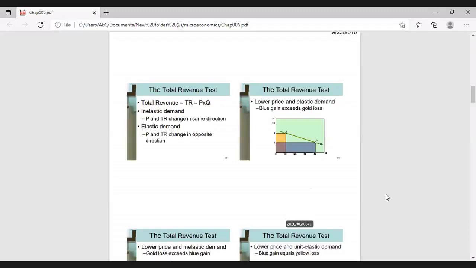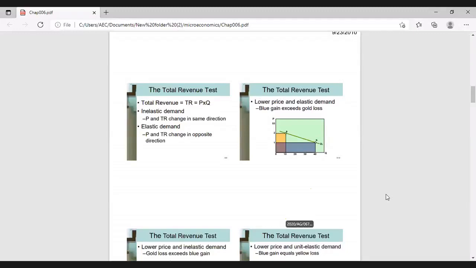Now you know total revenue is P times Q. When the price is 1, quantity is 40, so the total revenue, that rectangular area, is 40. When the price increases to 2, the quantity is 10, so total revenue is 20.